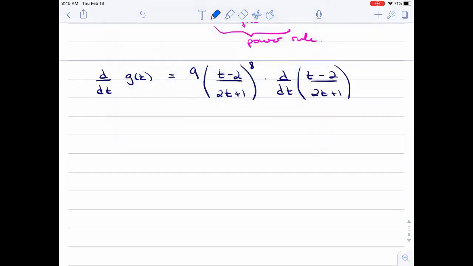So now, this is the derivative of the outside, and this is the derivative of the inside. Right? The derivative of the outside times the derivative of the inside.